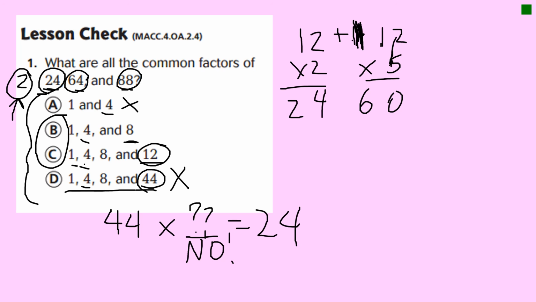So 5 times 12 is 60. That doesn't feel like it, let's try 12 times 6. 6 times 2 is 12. 6 times 1 is 6, plus 1 is 7. Oh no, we went right past 64, didn't we? So 12 is not a factor of 64. It is of 24, and I don't know if it's a factor of 88, but it doesn't matter because it's not a factor of 64. So our friend B is the only one left.